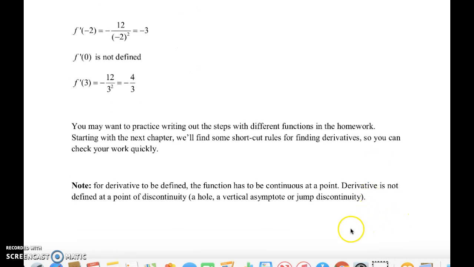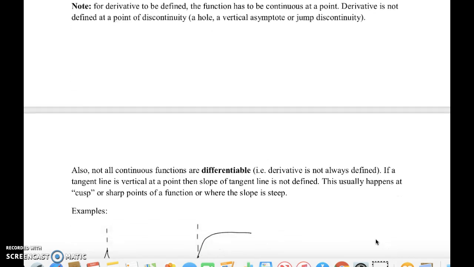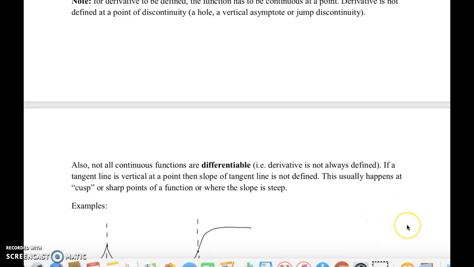All right. And in order for this derivative to be defined, remember the function has to be continuous at a point. If it's not defined at a point, if it's discontinuous, if there's a hole, vertical asymptote, or jump, then it's not differentiable. All right, so functions are also not differentiable if a tangent line is vertical at a point on the function.